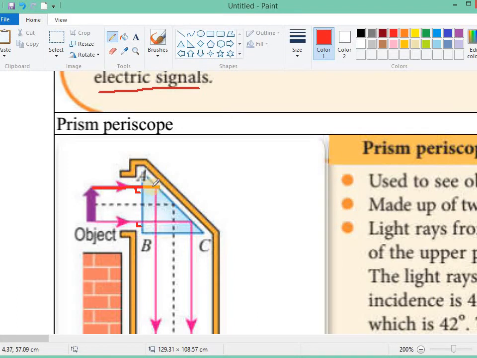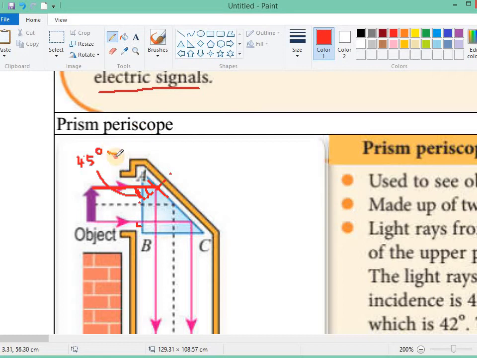And then when it reaches this boundary, this border between glass and air, this angle is 45 degrees.